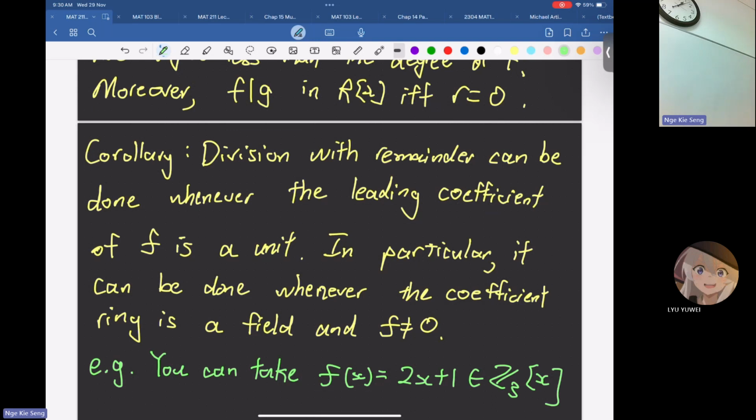Although this is not monic, this 2 here is invertible in Z3. How to invert in Z3? Multiply 2 by 2. 2 times 2 is 4, and 4 mod 3 is 1. This is not monic, but it's invertible.